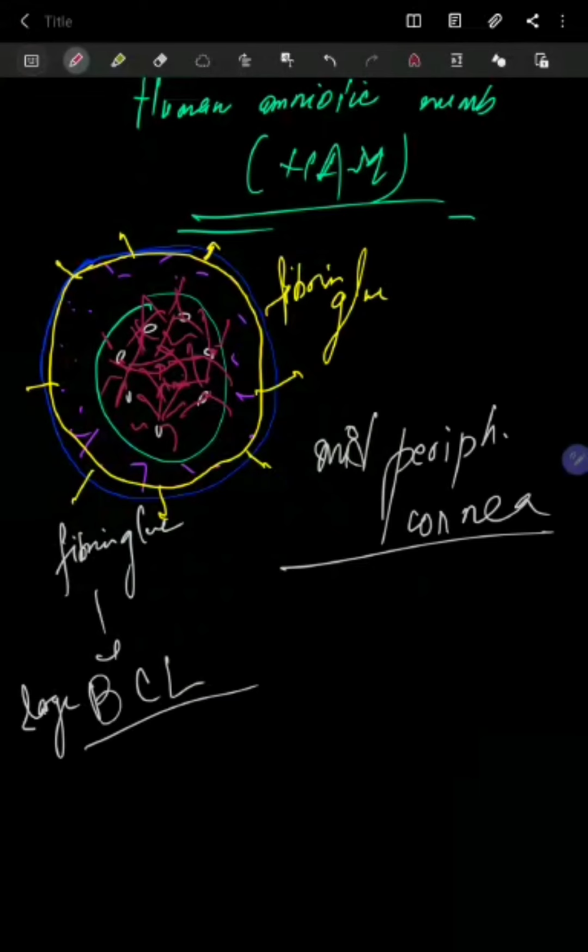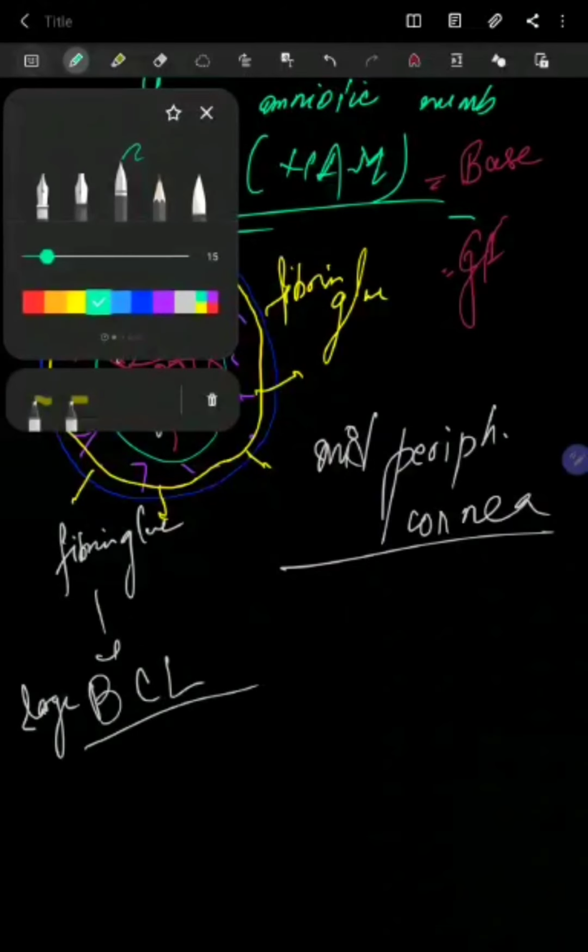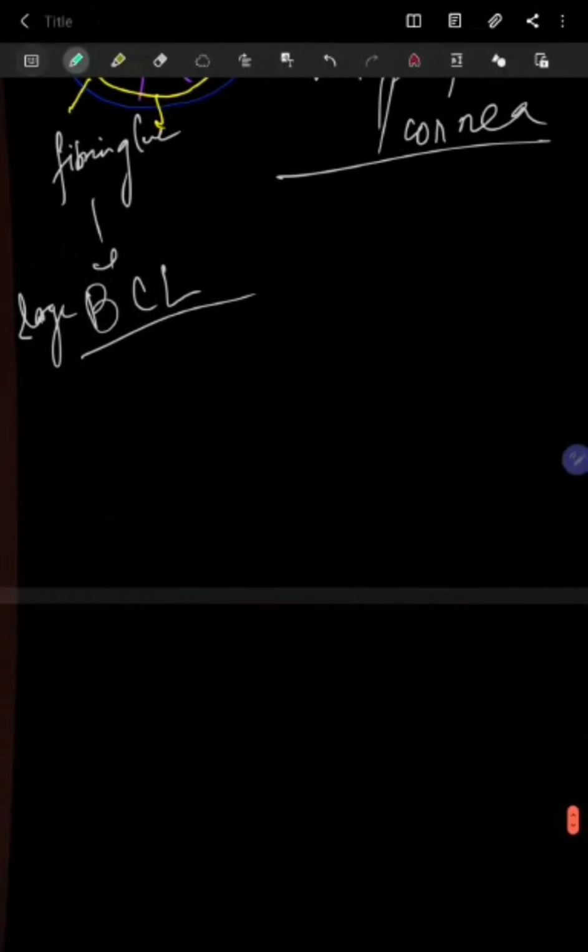This gives equal growth in all directions, and plus we have human amniotic membrane which provides a very good base for growth. Plus, it also releases some growth factors of its own. Okay, this is not girlfriend, this is growth factor.